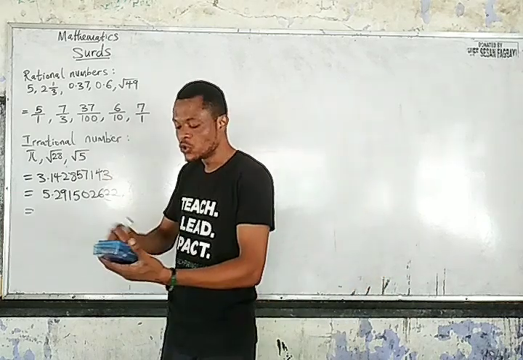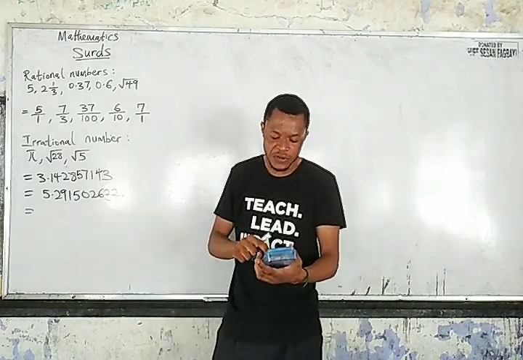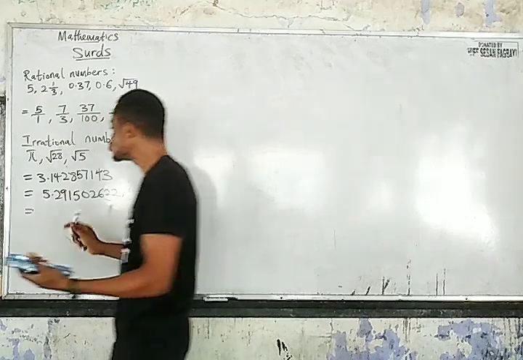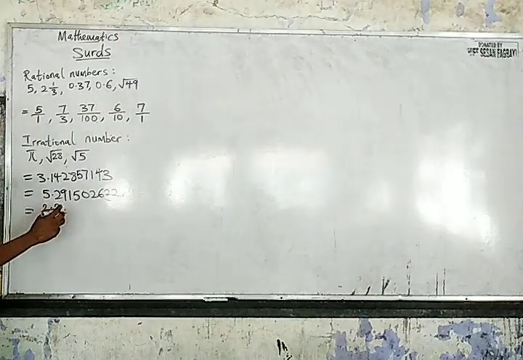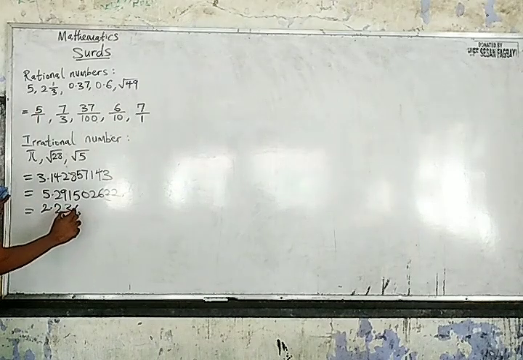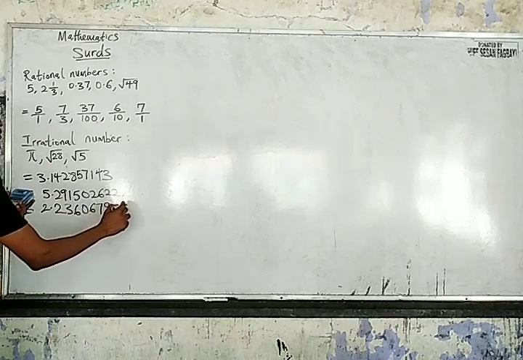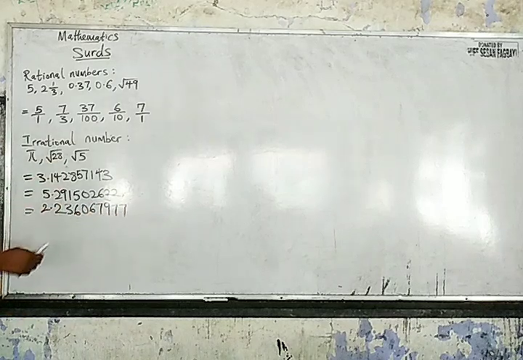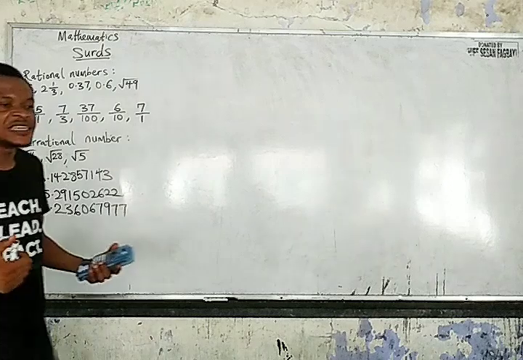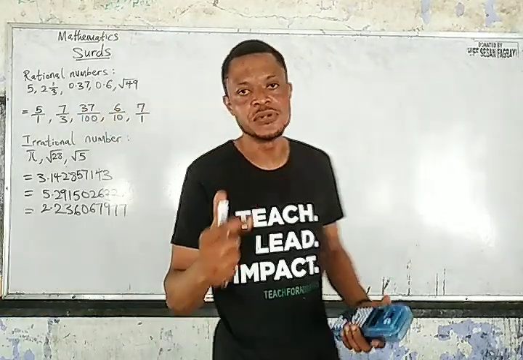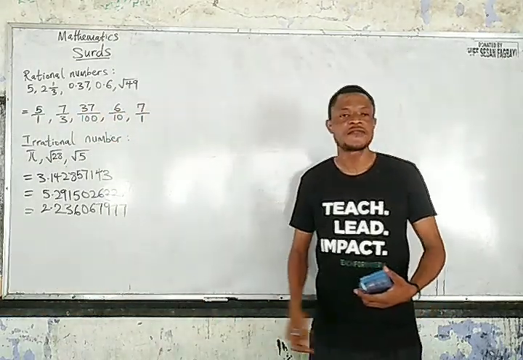And to the last one, root 5. Root 5 will give us 2.236067977. You will see obviously that these numbers are very difficult, if not impossible, to manage as fractions.